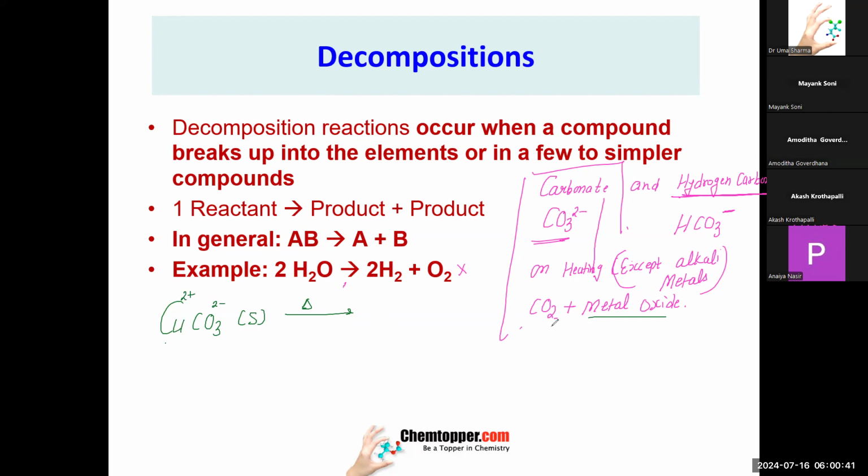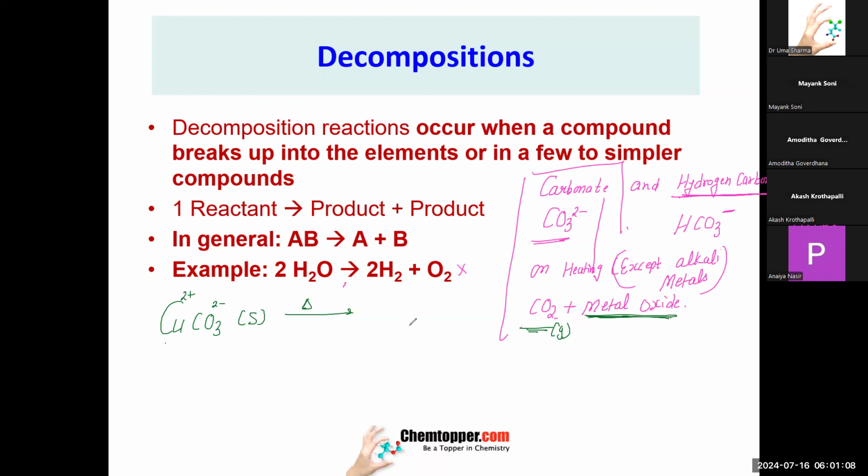So make CO2, Amodita, CO2 gas. Generally, decomposition takes place when some gas is formed. Carbonates, they can give CO2 gas on heating. CO2 gas, not CO3. And metal oxide, not copper 2 plus, not copper metal, metal oxide.